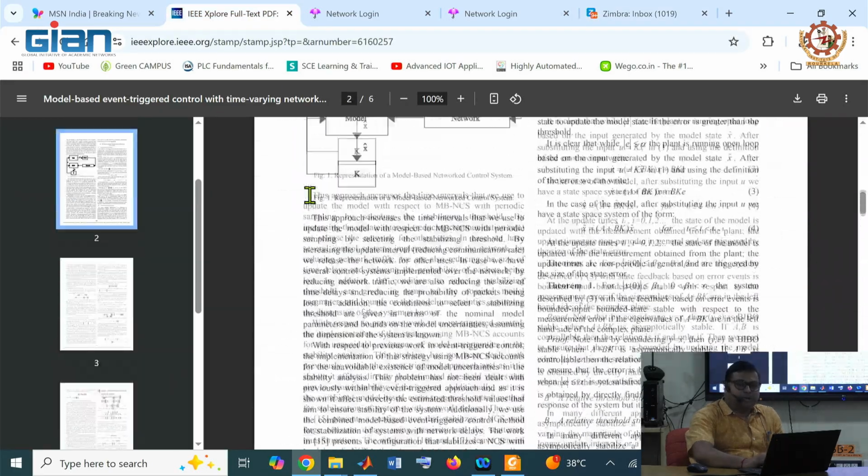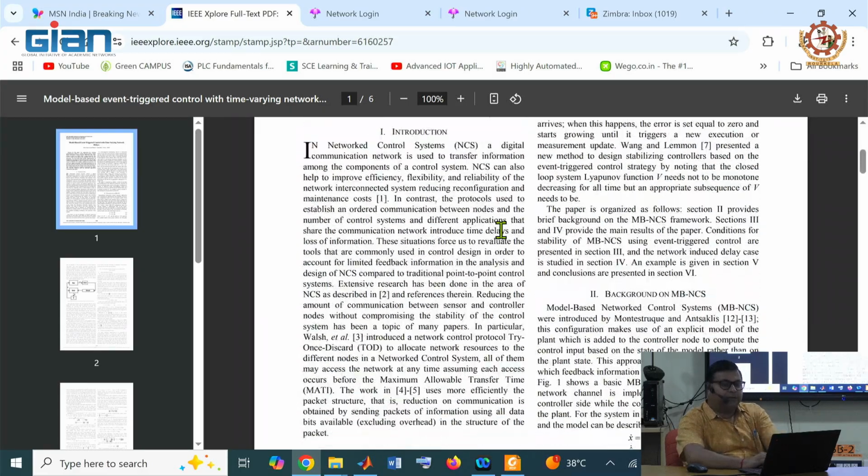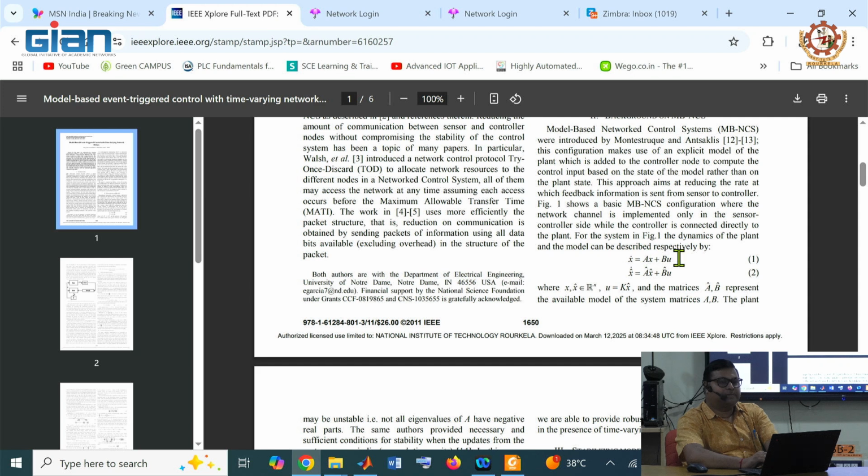This is the paper that is cited in sir's book also: model based event triggered control with time varying network delays, a CDC paper from 2011. Here they showed that if you have a system x dot equal to Ax plus Bu, and you have a model of the system, then you compare the ideal model and the system, and whenever you are not happy with the performance, then you trigger.